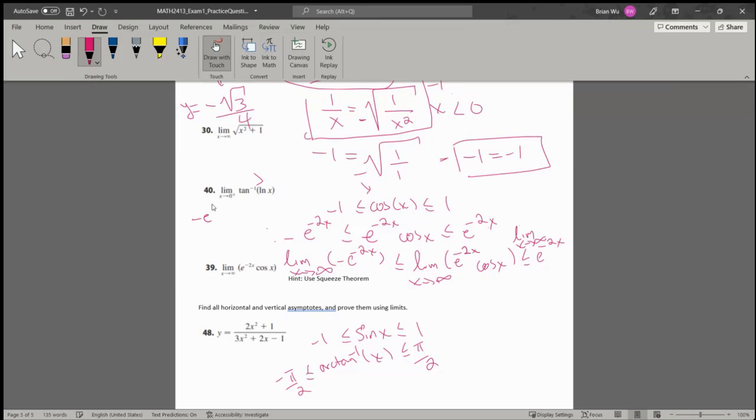So negative e to the negative 2x is equivalent to 1 over negative e to the 2x, where we change the sign. So if we plug in infinity here, we know that e is really just a number, like 2.71 something. And if we have that raised to infinity, we're basically going to get 0. 1 over some really big number, even if it's negative, is equal to 0. So that's on that side.